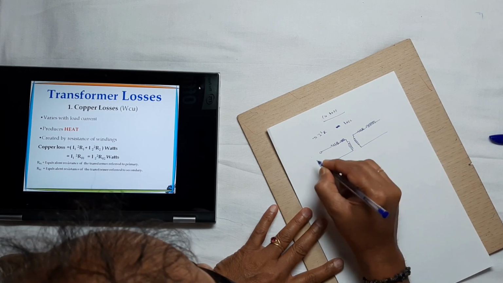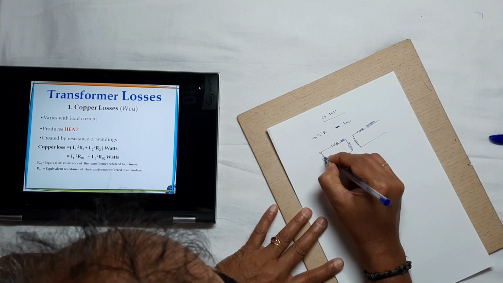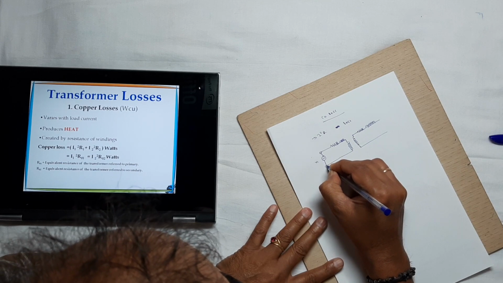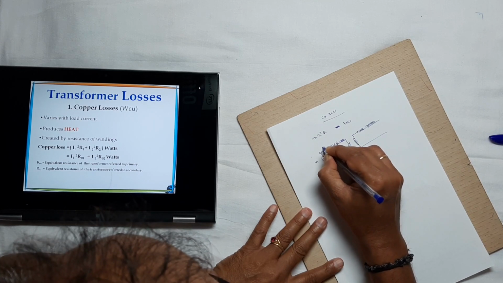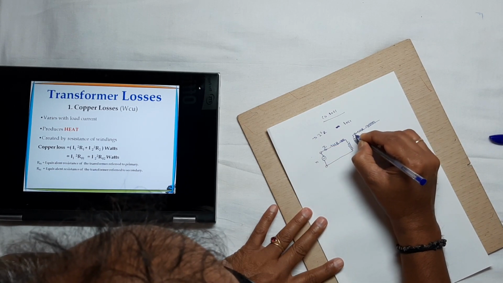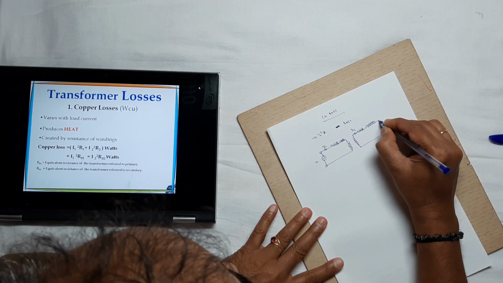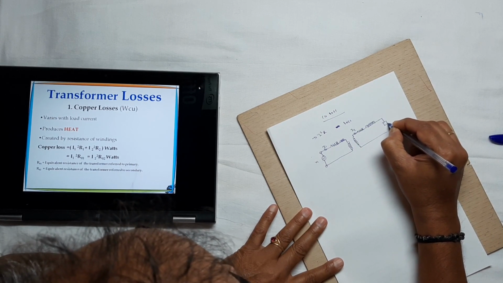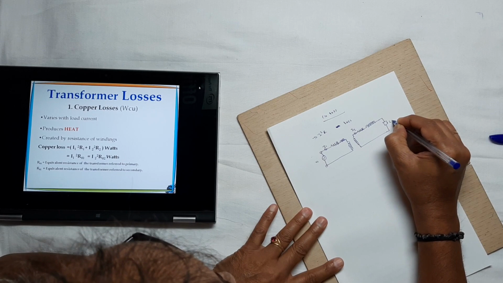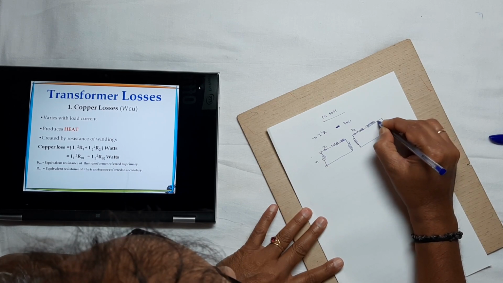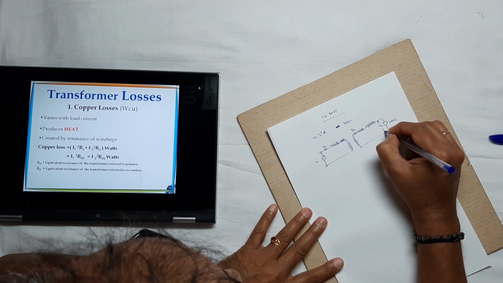Then you are connecting the input here, that is V1, the current which is flowing in the primary is I1, and the current delivered is I2. If you are connecting a load here, then the voltage is V2 here.